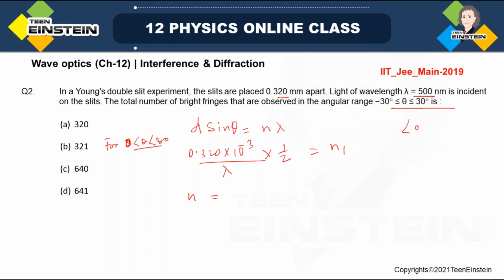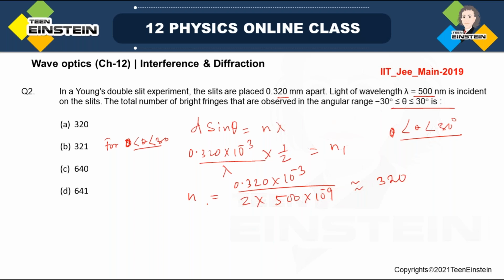That means in this range the number n will be 0.320 into 10 to the power minus 3 divided by 2 into 500 into 10 to the power minus 9. So this would give you nearly 320. Let us say this is n1. You can just do the calculations.